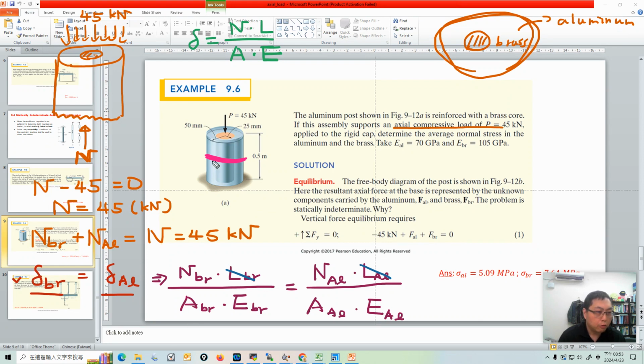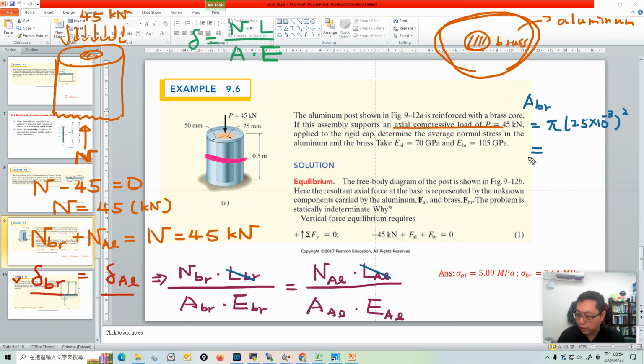So based on this radius, we can calculate the area of the brass. What's the area of the brass? It gives you a radius, so it's pi r square. It's pi times 25 times 10 to the power minus 3, squared.